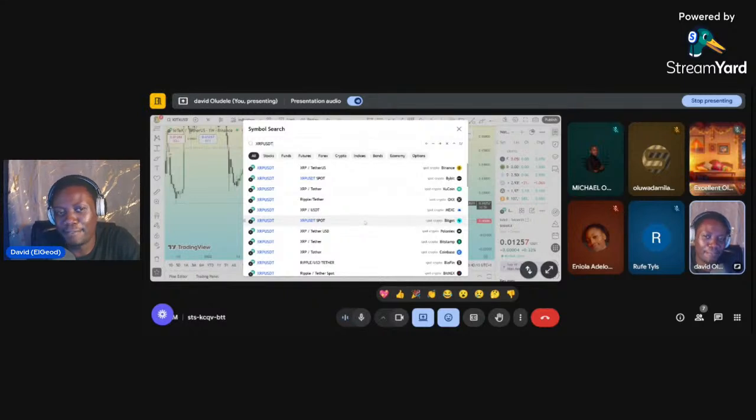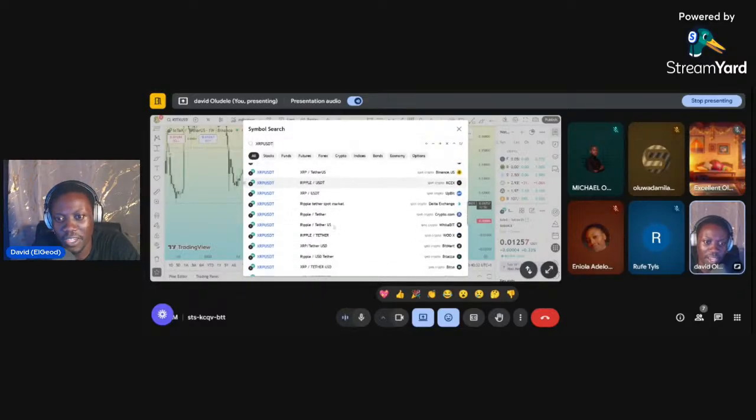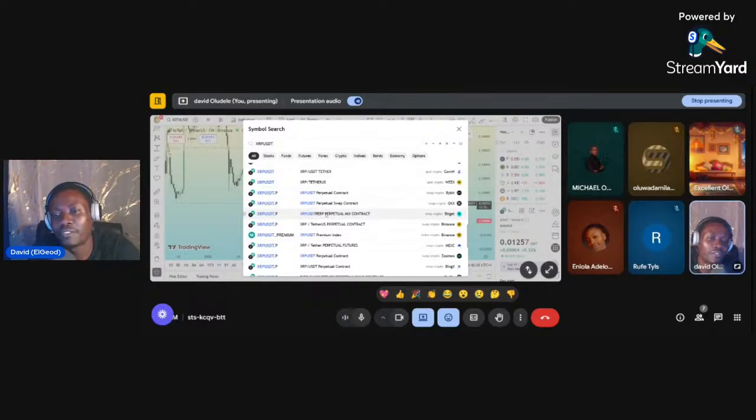Meanwhile, for every pair that is tradable on futures, there are two charts available on TradingView. If you have XRP spot, you can see spot BitGet. You can also scroll down and look for XRP futures on BitGet. It's called perpetual mix contract. So why do we have these two charts?